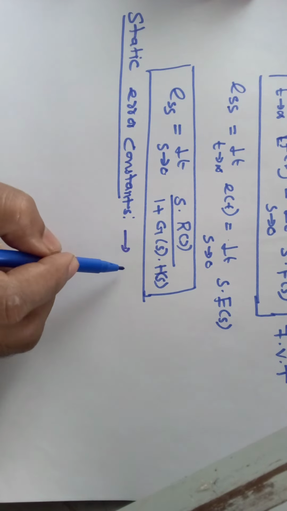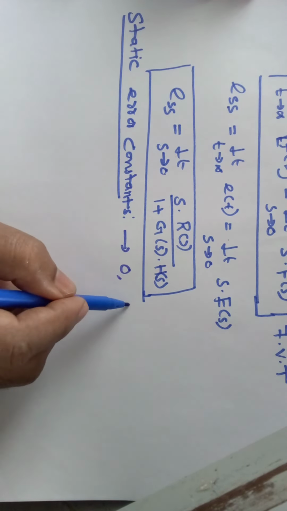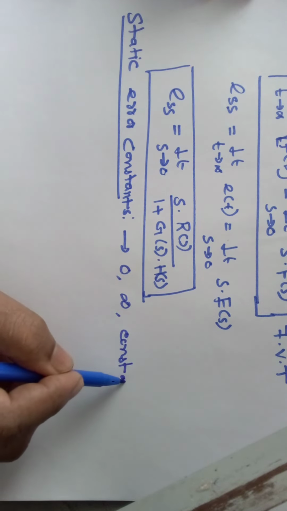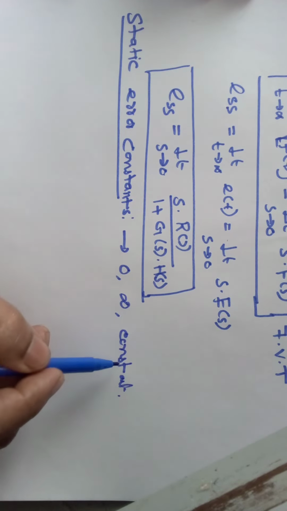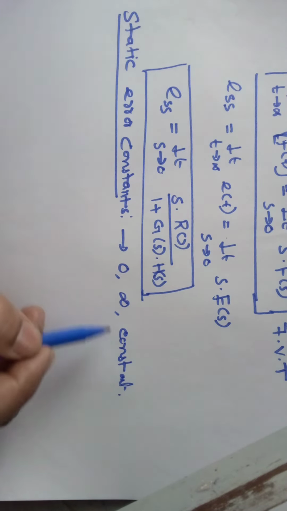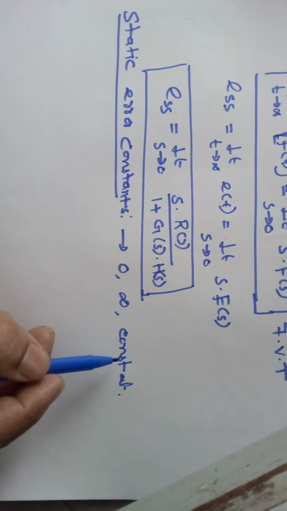This value of the steady state error depends on the type number and the input signal. Yesterday we saw how to find the type number of the system, right? So these values depend on the type number and what type of input you are applying to the system.